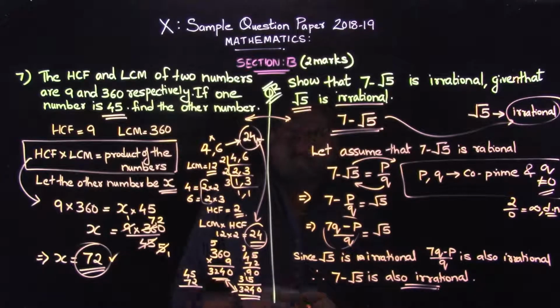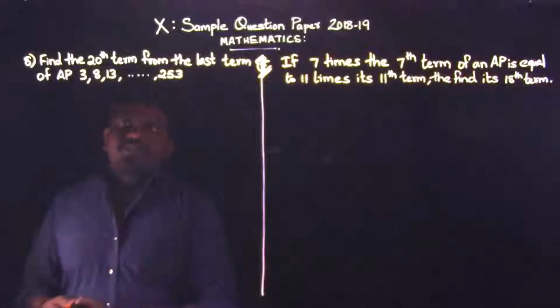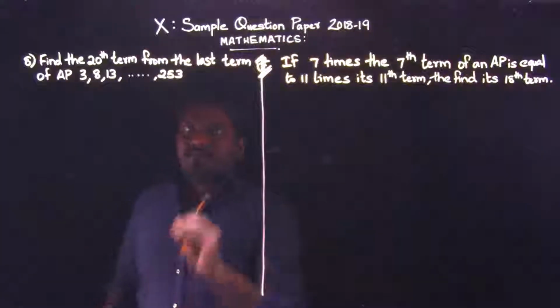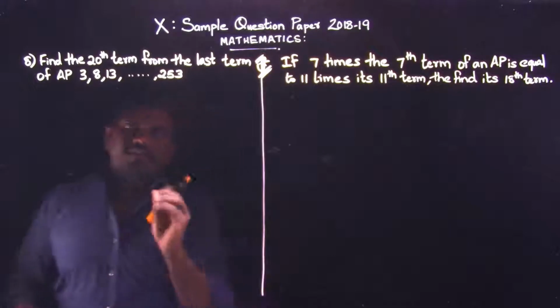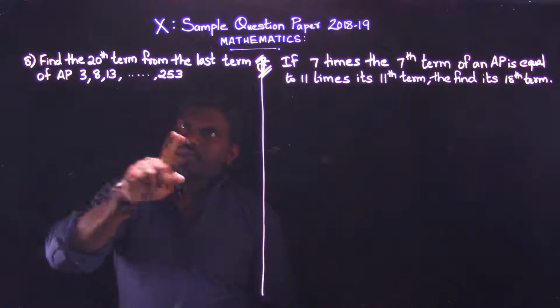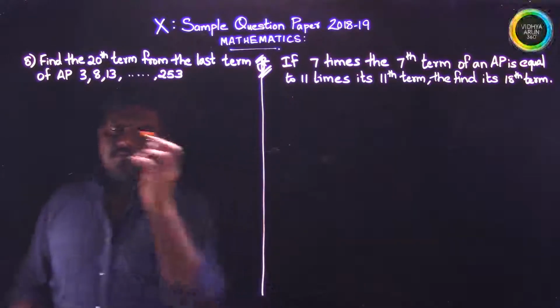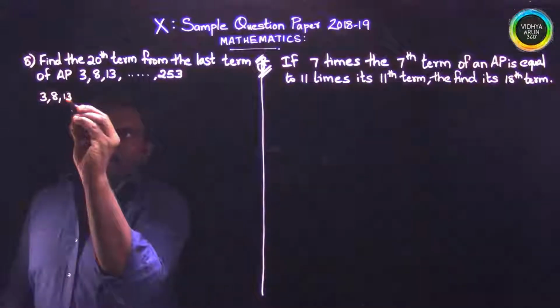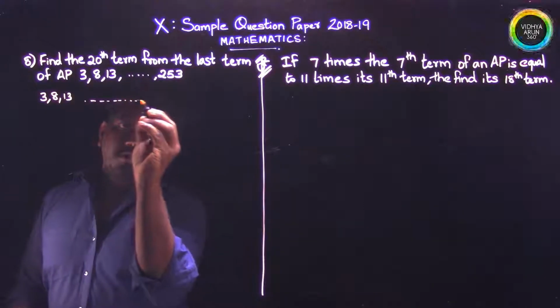So move on to this eighth question. Find the 20th term from the last term of the AP 3, 8, 13, and so on, up to 253. So the first term, second, third, then it goes on and on.